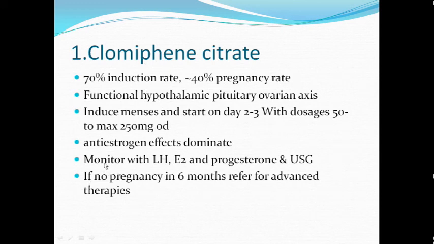You can monitor this cycle with FSH, LH, estradiol or E2, progesterone, and by follicular study by USG. If no pregnancy in the 6th month, refer for advanced therapies.